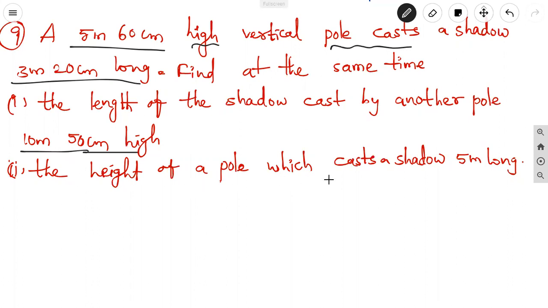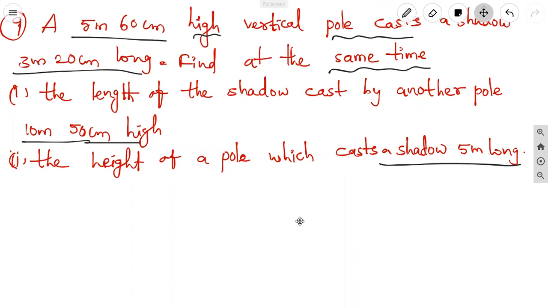Here the mention of at the same time means the shadow changes depending on the time also. That's why, in the same time, what is the relation of the pole height and shadow length?